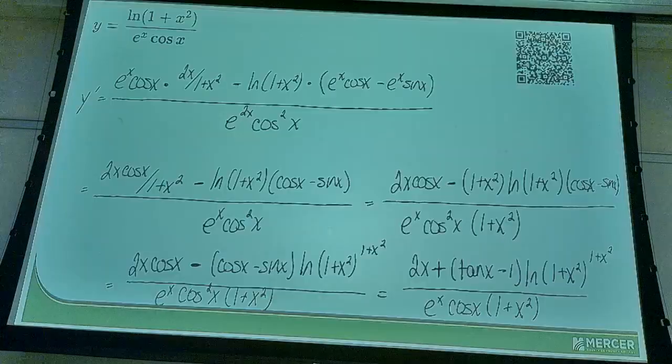Questions on the exponential logarithmic? Yes. This is probably answered in the book where it's actually derived. But I'm just wondering, the derivative of e to the x is just e to the x.